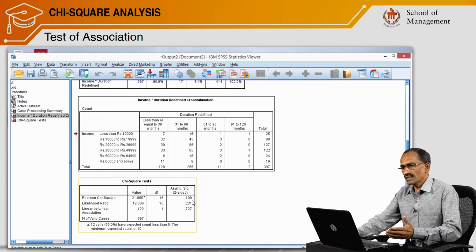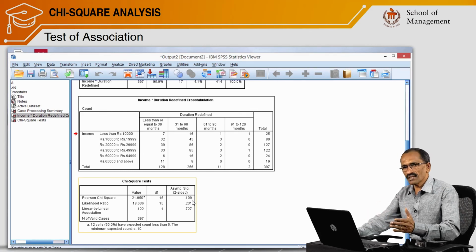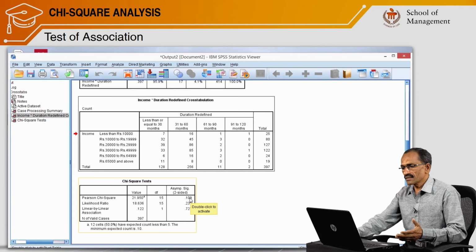What does it mean? We cannot say that a person who has a particular income will fall in a particular usage of internet, or there is no significant relation, there is no association between the variables that we have proved through the data analysis. That is exactly what we are getting in the result here. We have to retain the null hypothesis, that is, the variables are unrelated.